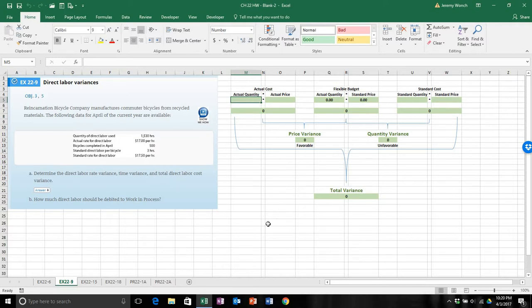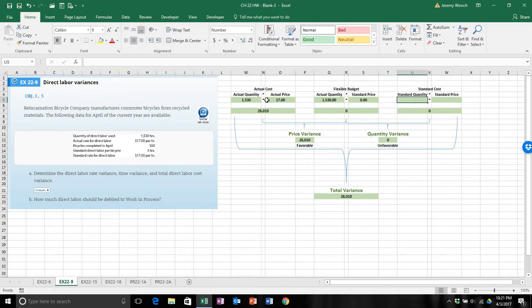Okay, let's go through what it's trying to ask us for. It's asking for the direct labor rate variance and the time variance, and then the total direct labor cost variance. So the rate variance is going to be the hourly rate or the price variance, and then the time is the quantity variance. And it tells us that our actual quantity of hours used was 1,530, and we paid $17 per hour.